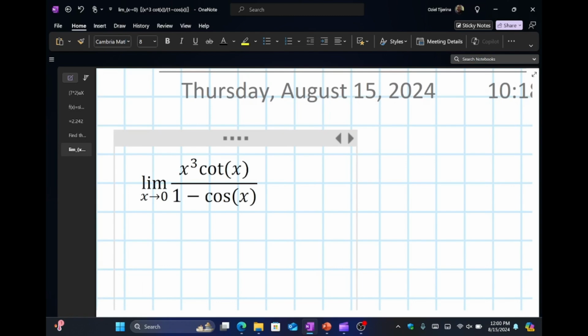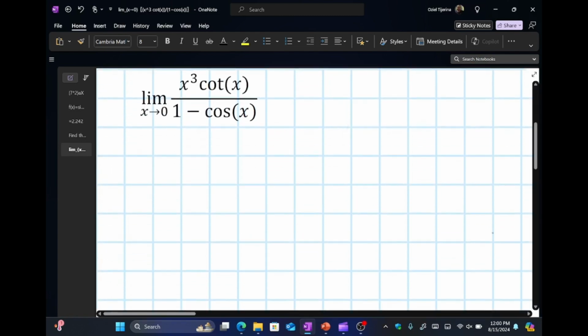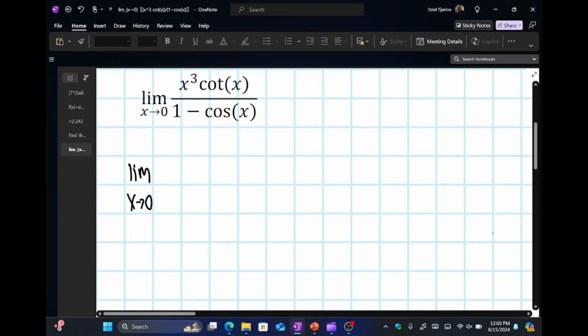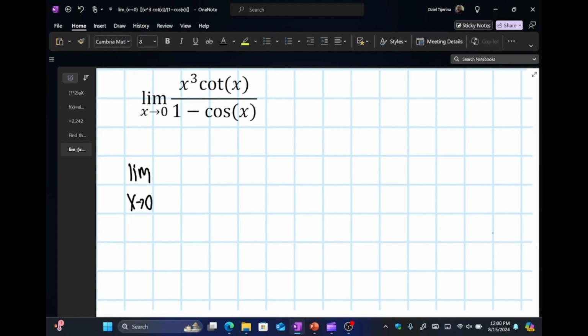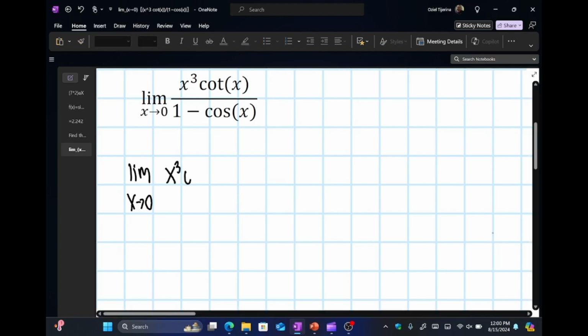Okay, so let's get started. We have the limit as x approaches 0 of x cubed cotangent x over 1 minus cosine x.